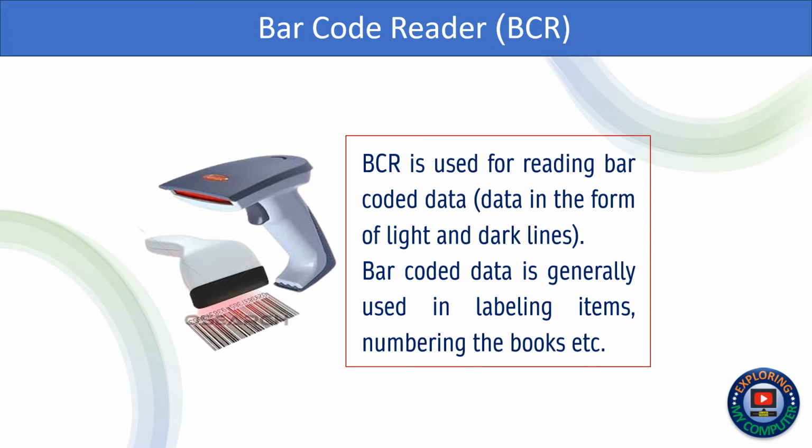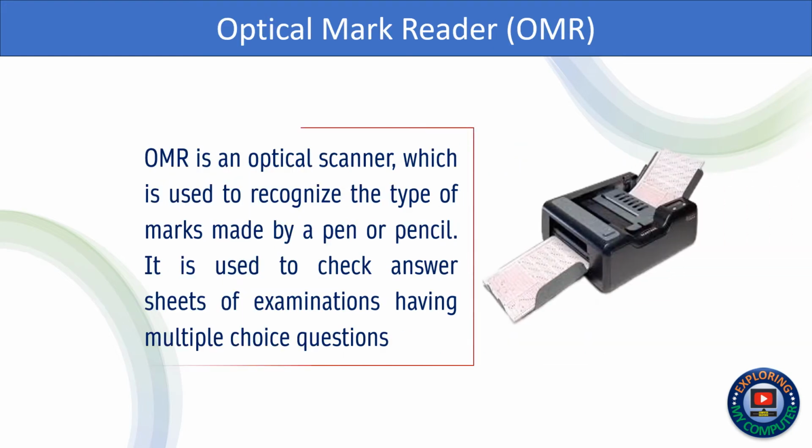Barcoded data is generally used in labeling items, numbering books, etc. An optical mark reader is an optical scanner which is used to recognize the marks made by a pen or pencil. It is used to check answer sheets of examinations having multiple choice questions.